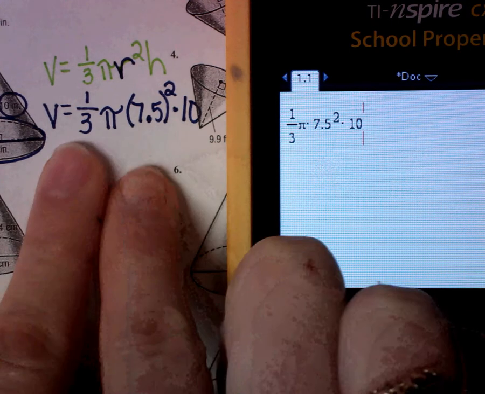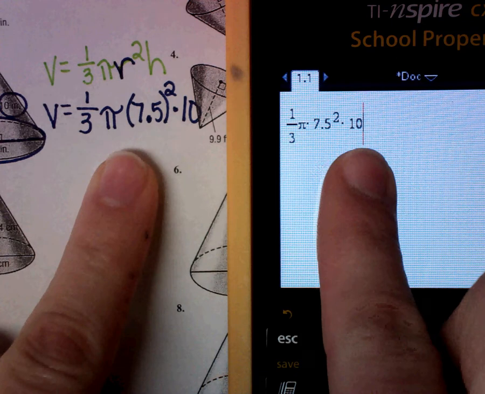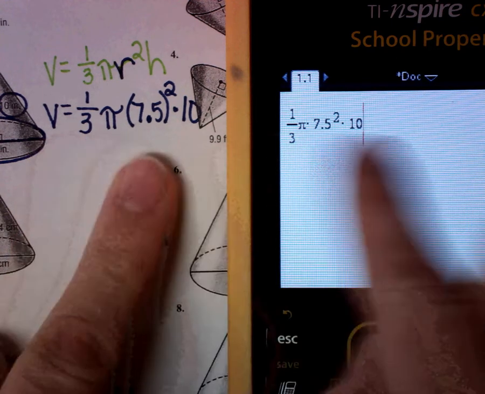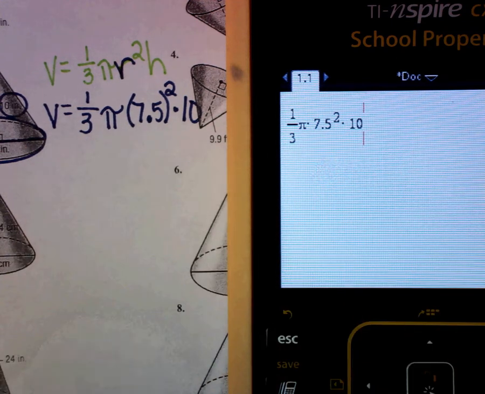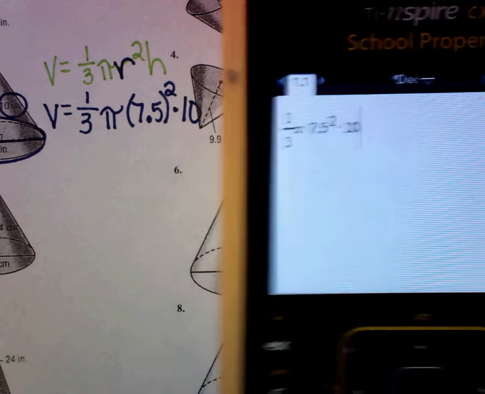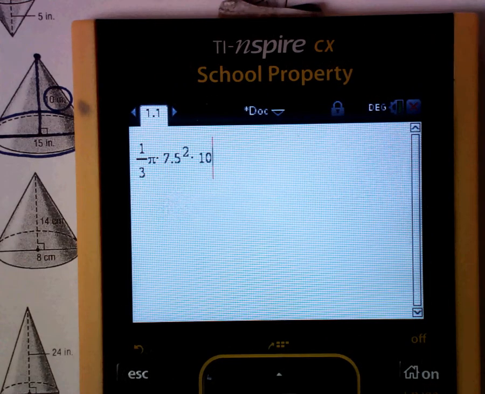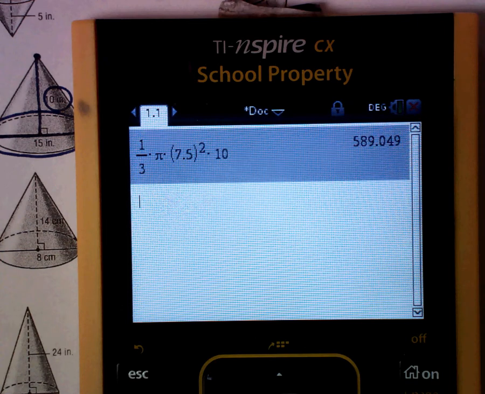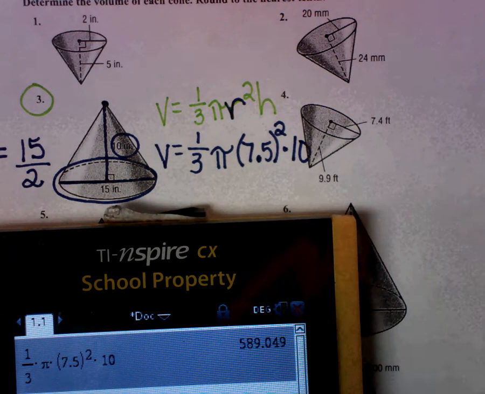So you really need to double check yourself. It wouldn't hurt sometimes to put it in twice and make sure you're getting the same answer, because remember, a calculator is only as smart as the people that are putting in the numbers. When I hit enter, I get 589.049. The directions told us to round to the nearest tenth.